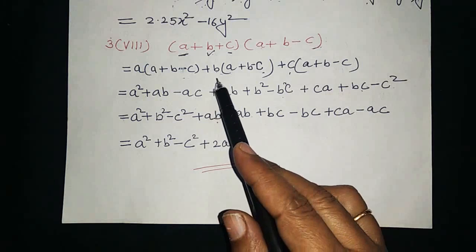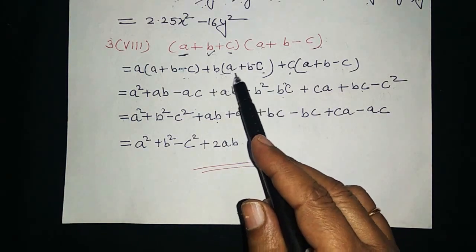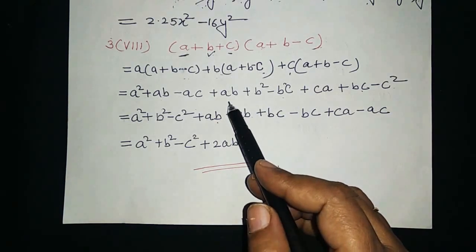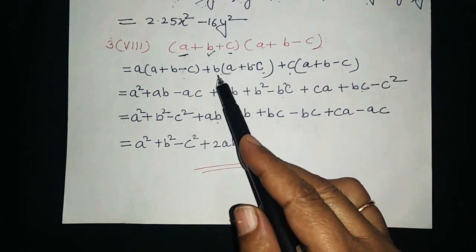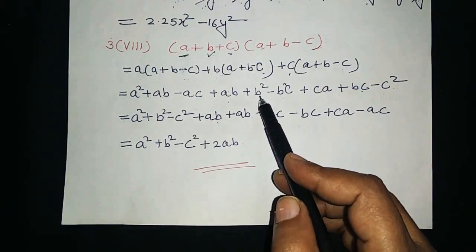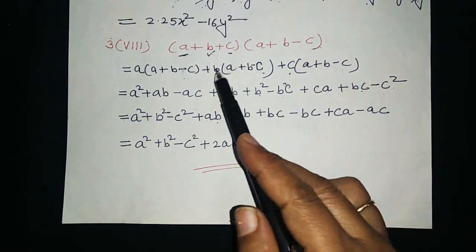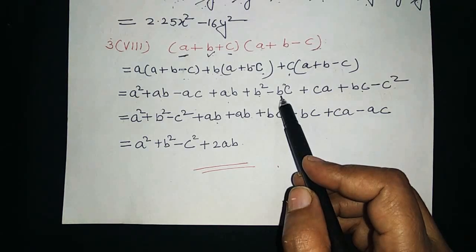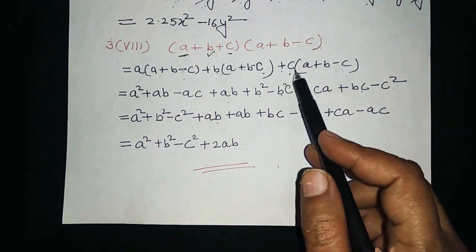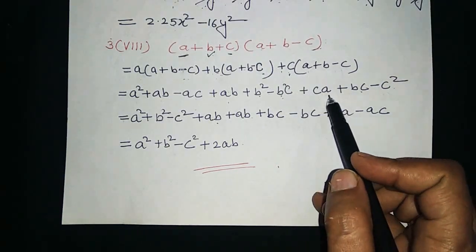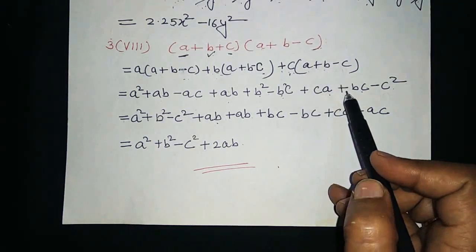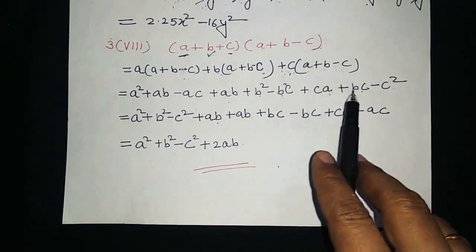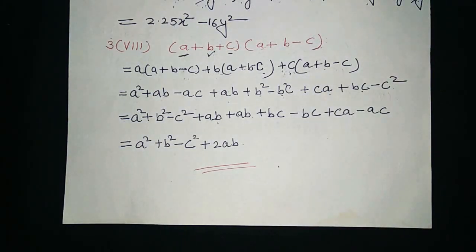Now we will do multiplication of b and a plus b minus c. b into a, ab, plus b into b, b square. Here plus minus, minus b into c, bc, plus c into a, ca, plus and plus we will multiply, bc will come because here c into b we will do.